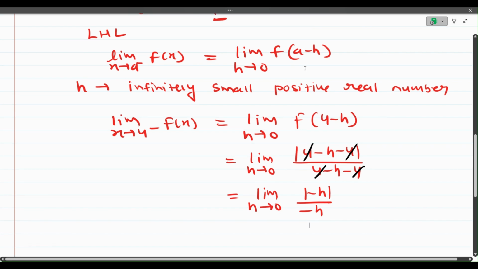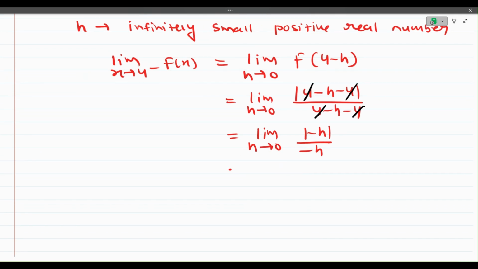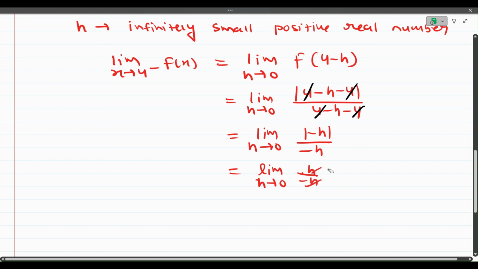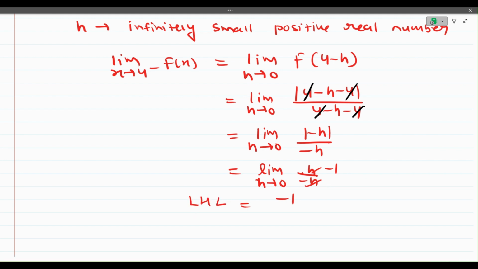The absolute value of negative h is positive. So it's going to be limit h tends to 0, h over negative h, which is negative 1. So its left hand limit is negative 1.